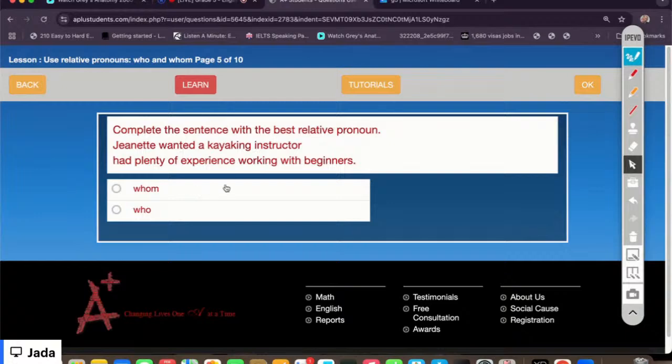So Jen wanted a kayaking instructor dash had plenty of experience working with beginners.